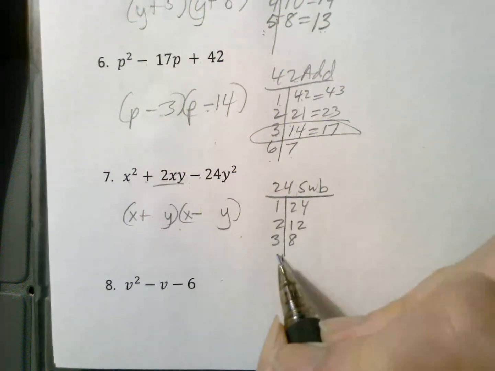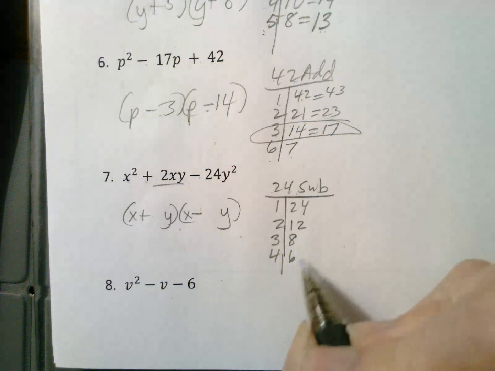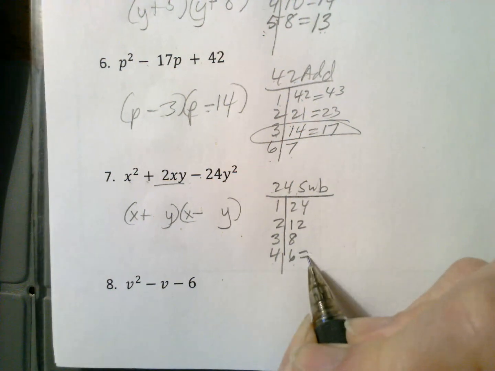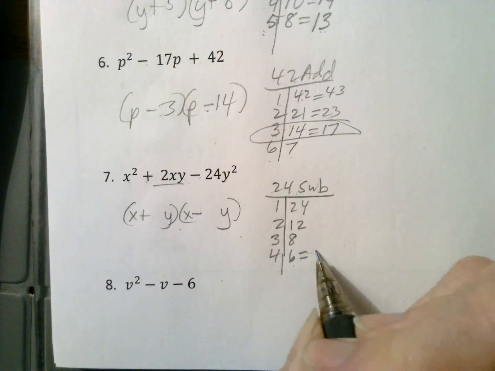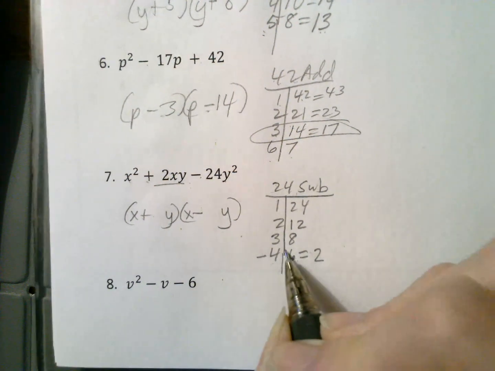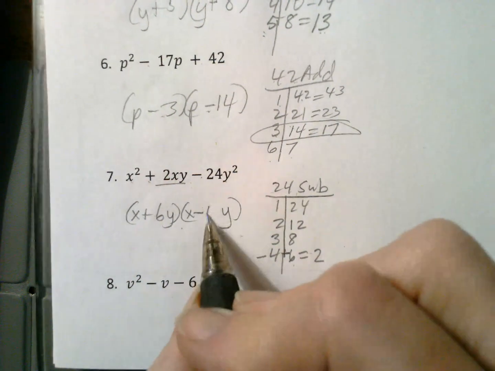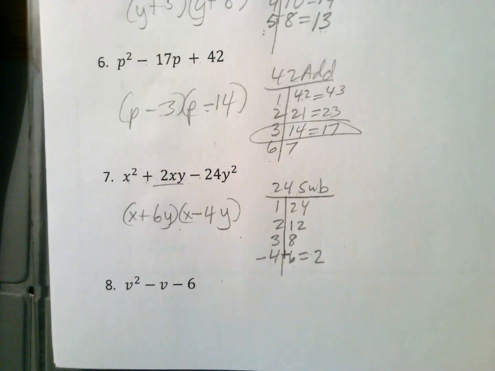What else goes into a 24? 4 and 6. See how it kind of goes in an order so you can eventually find it. When I subtract them, I need a positive 2. So this would have to be negative and this would have to be positive. So the 6 has to go there and the 4 has to go there.